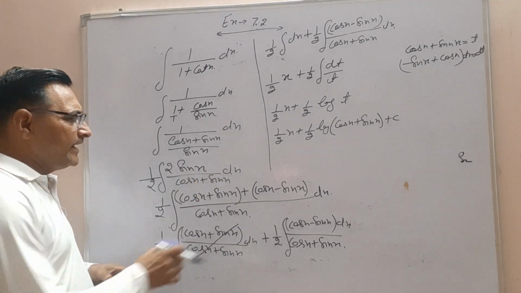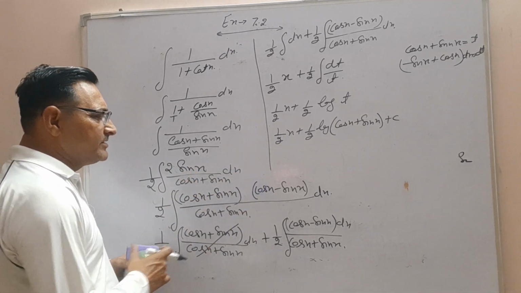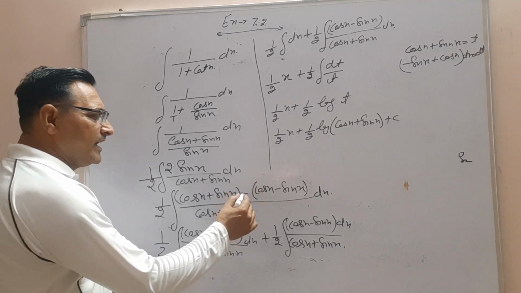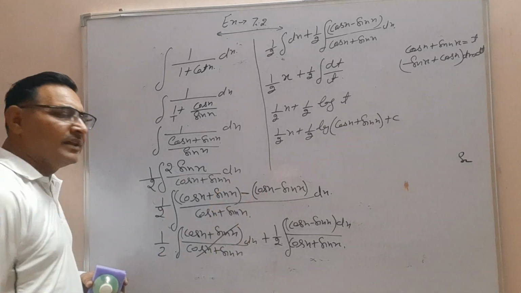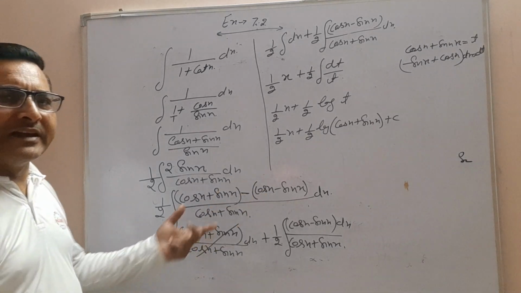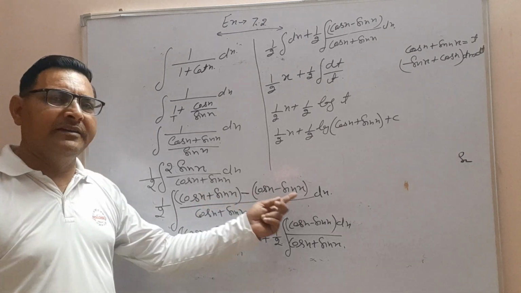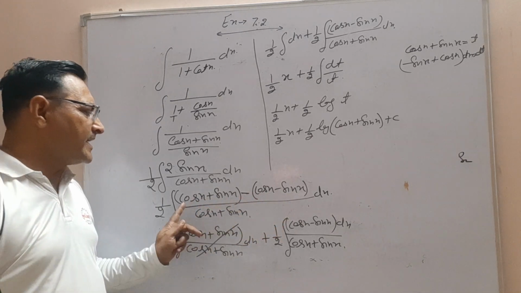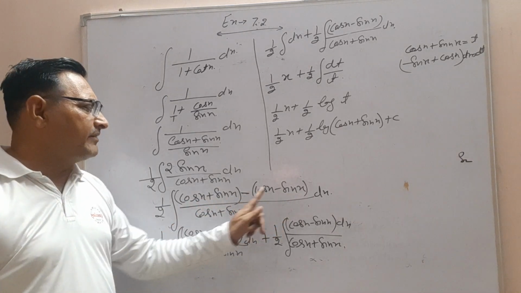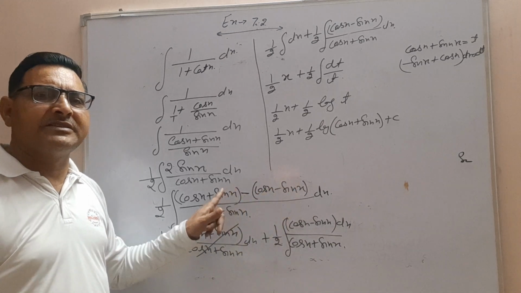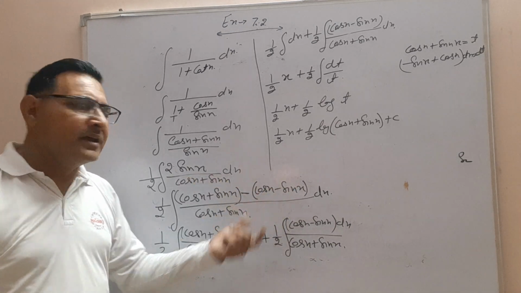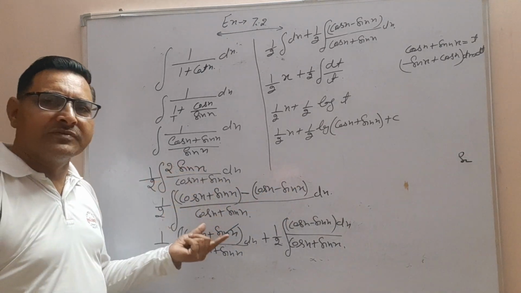If I am writing there with a negative sign, like this, what will you get? Then you will open the bracket, minus cos x cancels with cos x, there is negative, positive, sin x plus sin x will be twice of sin x. So you will get the same term, twice of sin x.